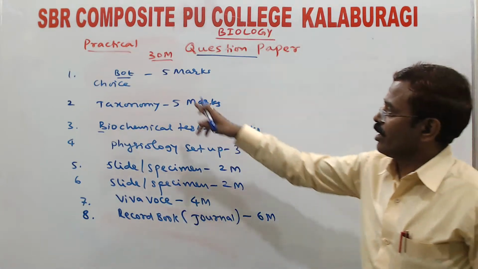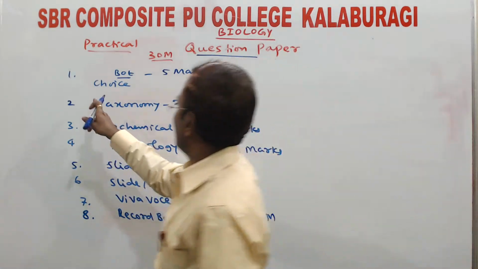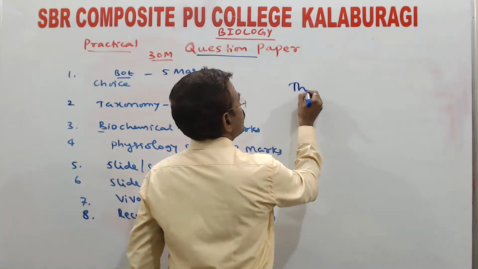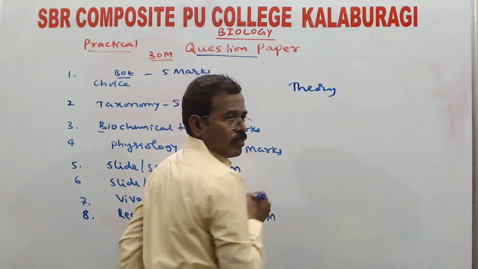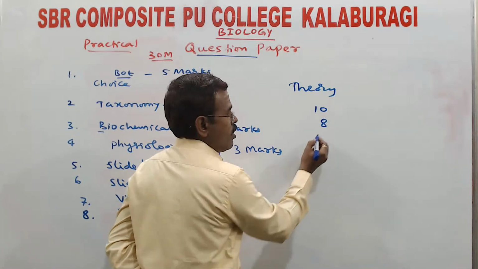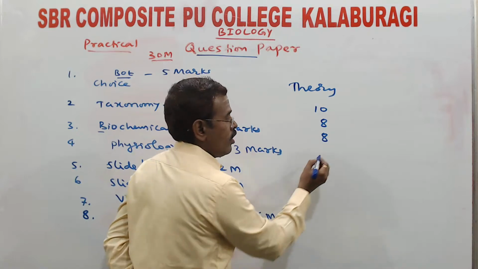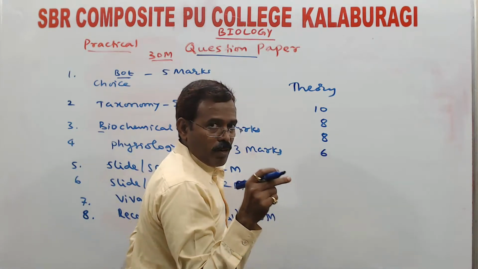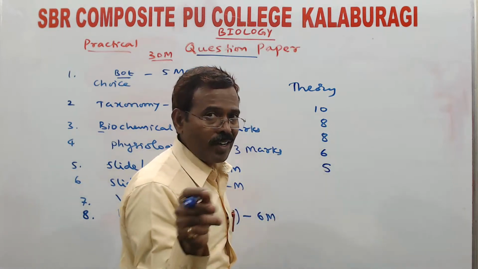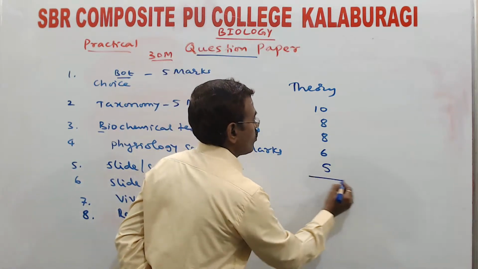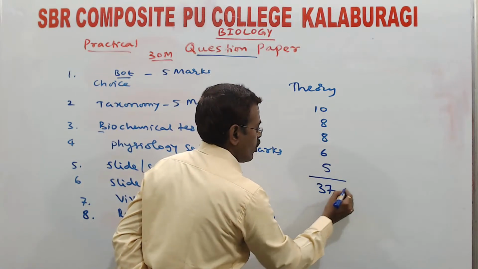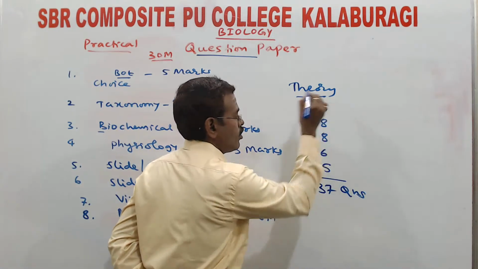So here how many particulars are there? 8 particulars. In theory, 10 in part A, 8 in part B, 8 in part C, 6 in part D section 1 and 5 in part D section 2. So total questions will be 37 in the theory part.